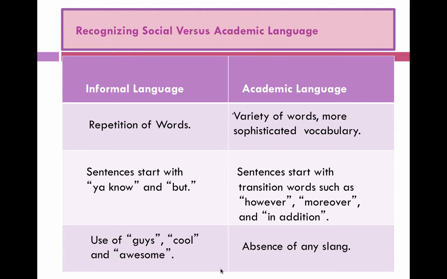For informal language, that often is demonstrated through the use of a repetition of words. Sentences may start with you know and but. Individuals may use or overuse the terms guys, cool, and awesome.